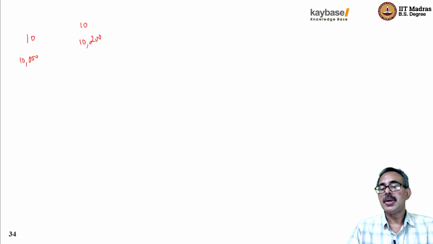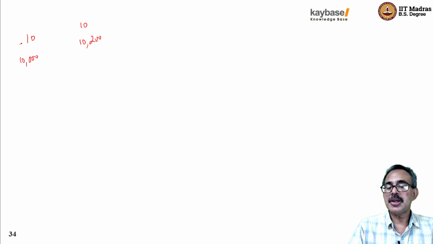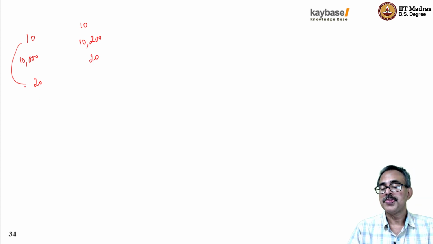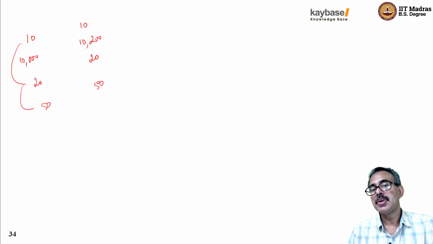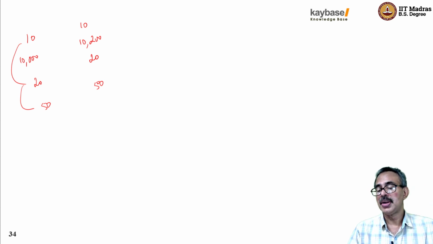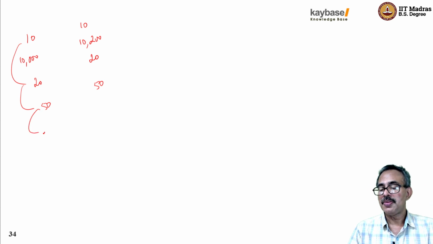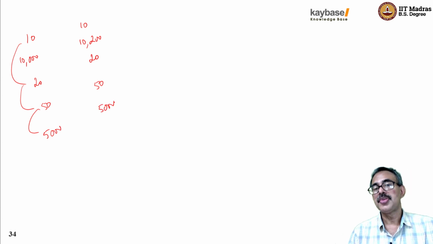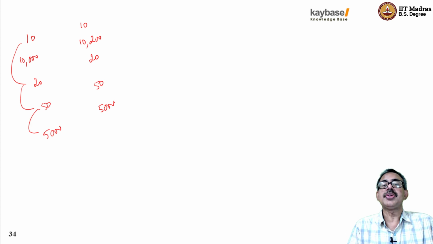Right? So, if 10 becomes 20 and 20, we may still say the same thing. If 20 becomes 50 and 50, then we may say, 50 is a fairly good sample size. Maybe this 10,000 to 10,200 is a real difference. Maybe, we won't know. That's when the doubt creeps into our mind. Now, if this 50 becomes 5,000 and 5,000, then we'll say there's a 5,000 here, 5,000 there.